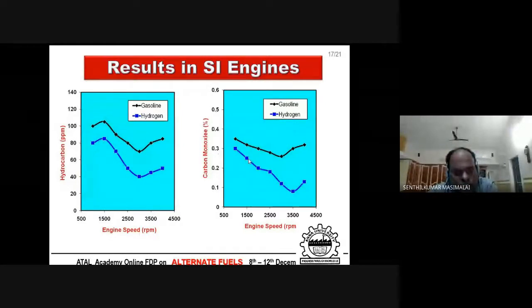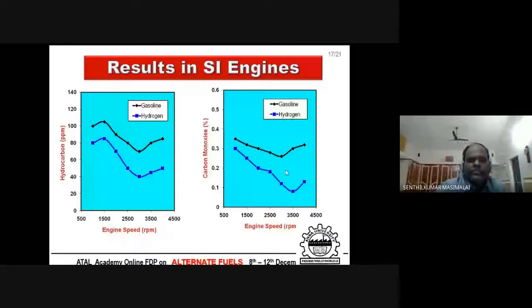But I told in the very beginning that hydrogen will result only in water, no hydrocarbon, no carbon monoxide. Then how is it possible, you can ask. Even though it is minimum, as per my statement, the hydrocarbon emission must be 0 and carbon monoxide must be 0. But in this case, there are hydrocarbon and carbon monoxide emissions.